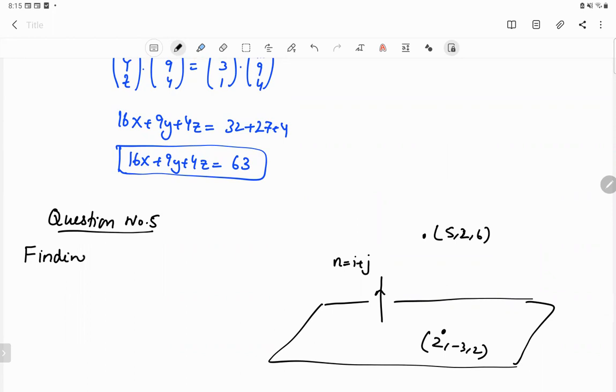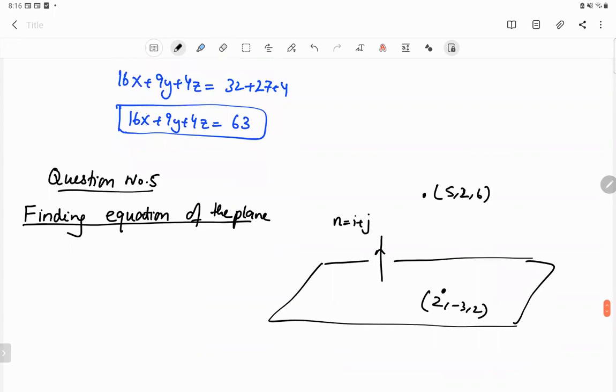Finding the equation of the plane. We know that r dot n is equal to a dot n.